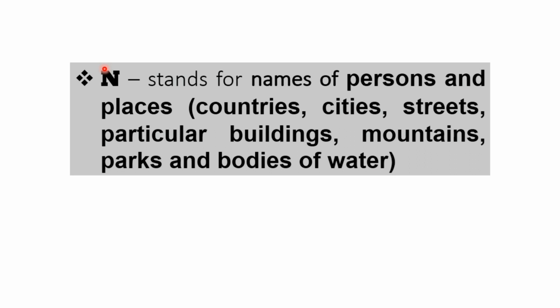For example, we have Joanne Marie. So, we need to capitalize J in Joanne and M in Marie. If your name is Brian, you need to capitalize letter B. If your name is Jane, you need to capitalize letter J. If your name is Daisy, then you're going to capitalize letter D. So that is for names of person. We need to capitalize the first letter of our names.